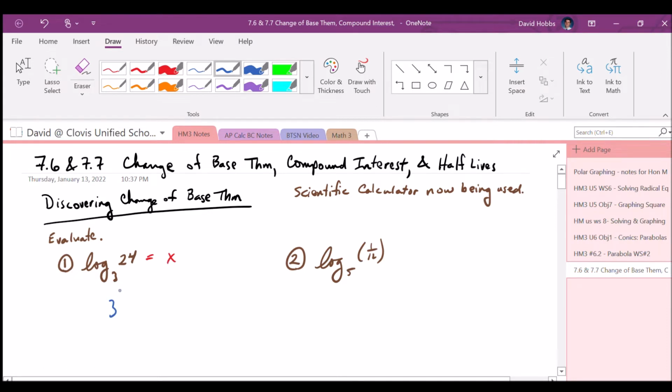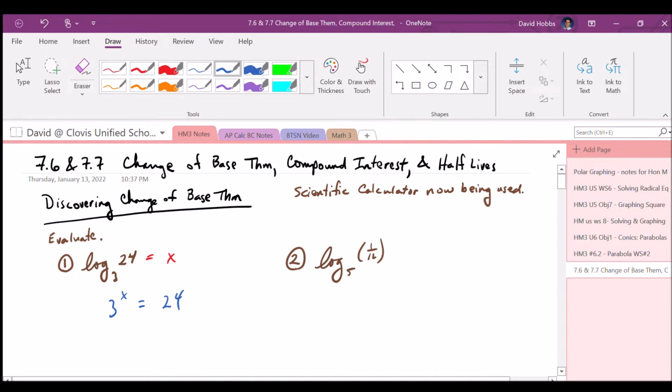So 3 to the x equals whatever's left there, which is 24. And so we've gotten it out of the log form and into the exponential form. Now, the first half of the unit, when we did something like this, we didn't need a calculator. If I had a base power of 3 on one side, I would have probably had a base power of 3 on the other side. And obviously 24 is not a power of 3.